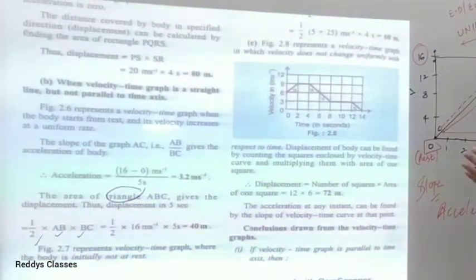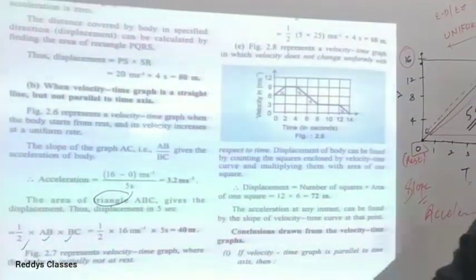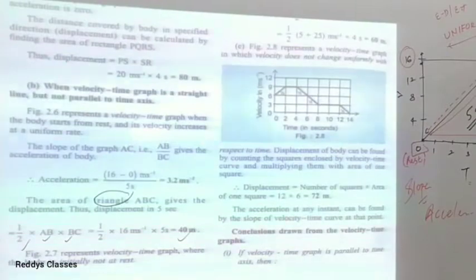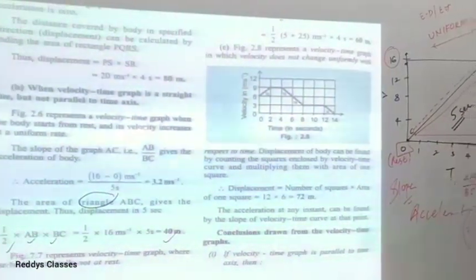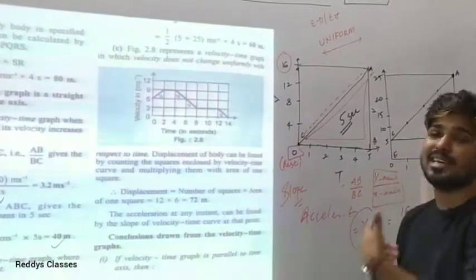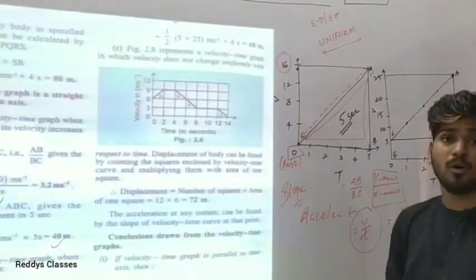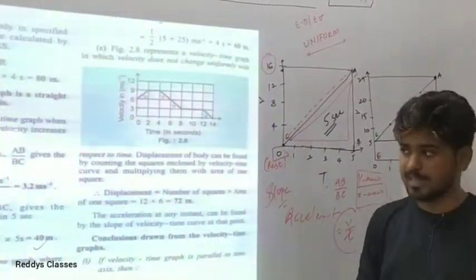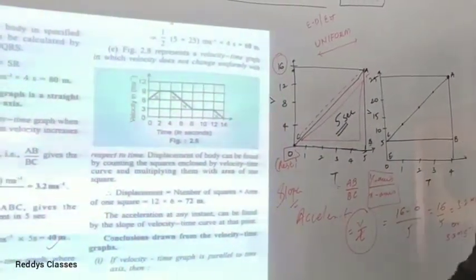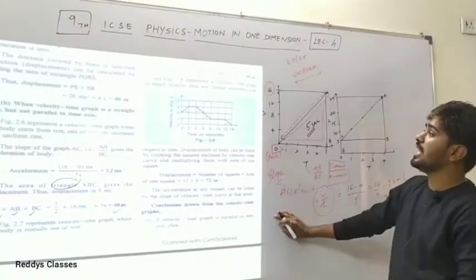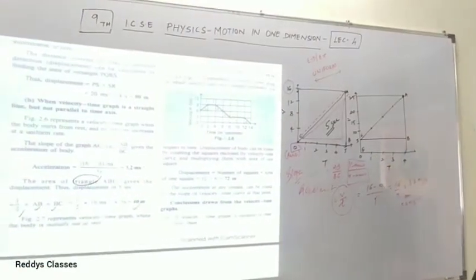So we have the displacement as 40 meters. In the whole graph the displacement that took place is 40 meters within 5 seconds. So you have seen and studied this graph. This graph is known as the velocity time graph in a straight line but not parallel to the time axis.